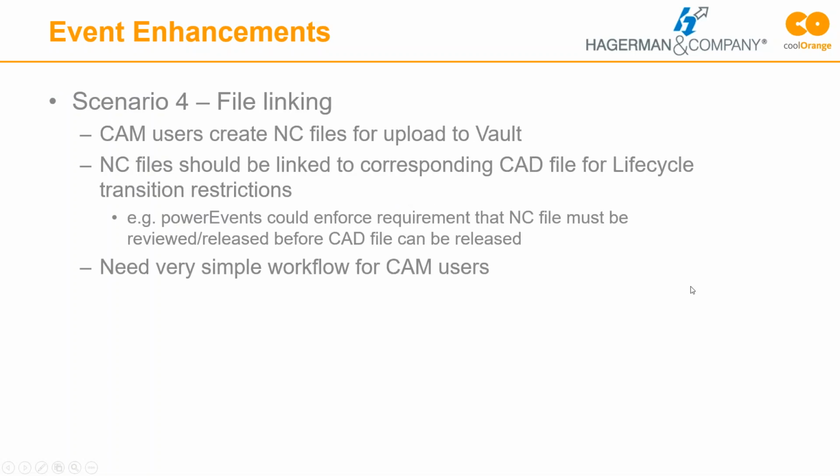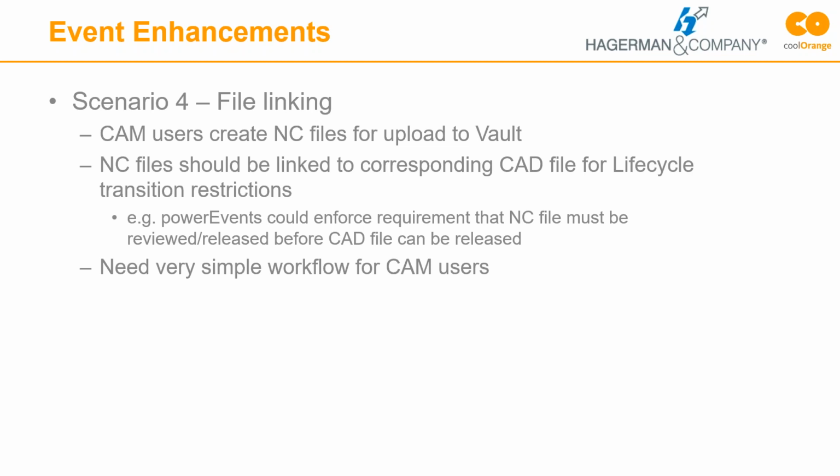Now, the last scenario is file linking. Let's say we've got an example where we generate CAD files, of course, but we also use CAM. And let's say it's not HSM, let's say it's something else. One of our goals is to make sure that we are maintaining machine code, like an NC file.